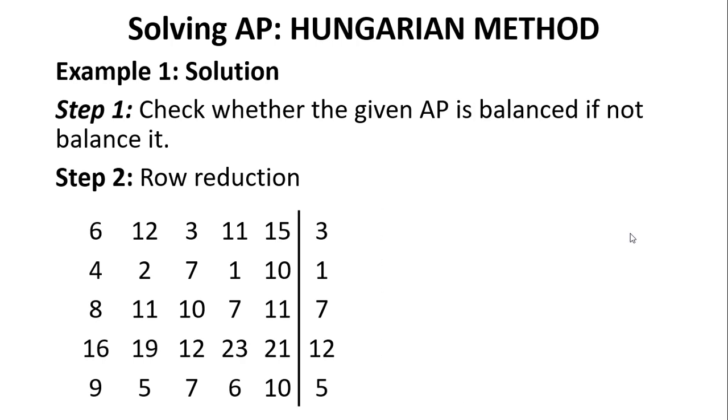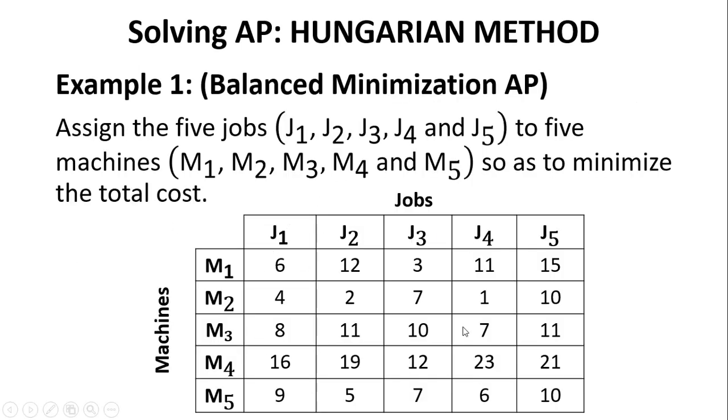Now, after checking the first step, the second step is called the row reduction. In row reduction, I just picked the cost matrix from this table, leaving out the labels.